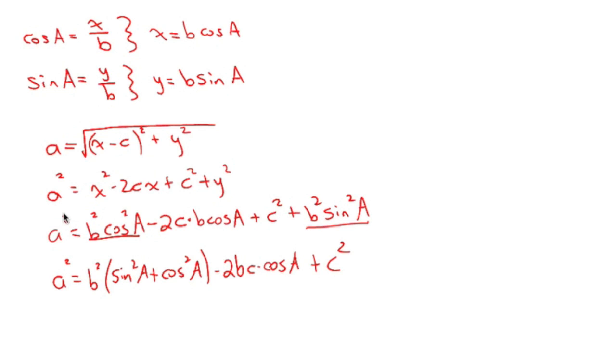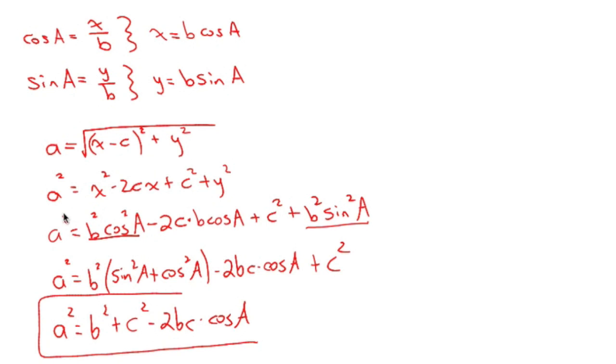So this is going to have a b squared, it also has the c squared, and it has this weird term, negative 2bc cosine a. So finally I get to write a squared is equal to b squared plus c squared minus 2bc times cosine of angle a. And this is the law of cosine. Or as the book calls it, law of cosines.